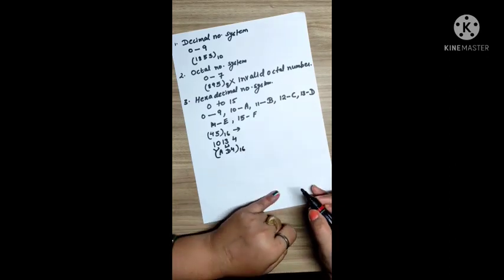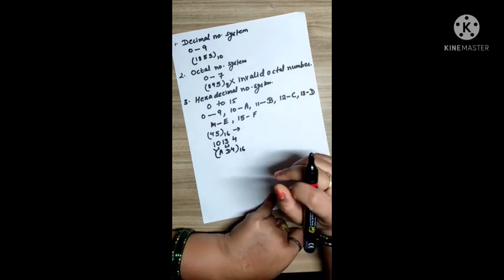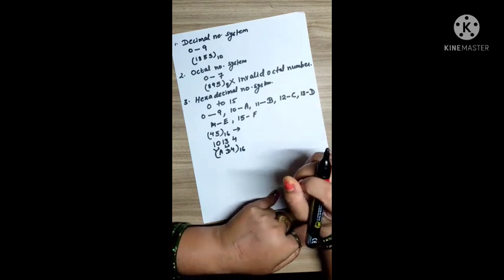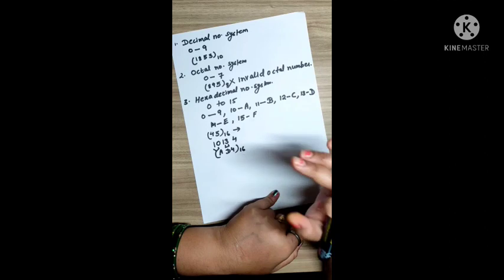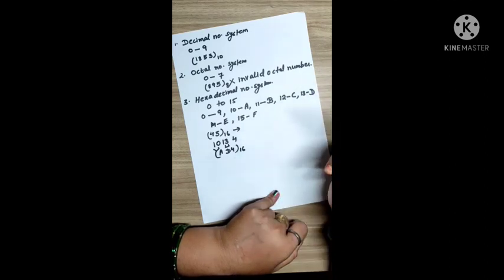Now converting a decimal number to any number system, or the example given in your book is decimal number to binary. See, whenever you have to convert a decimal number to any number format, you need to find out the base of the targeted number system.